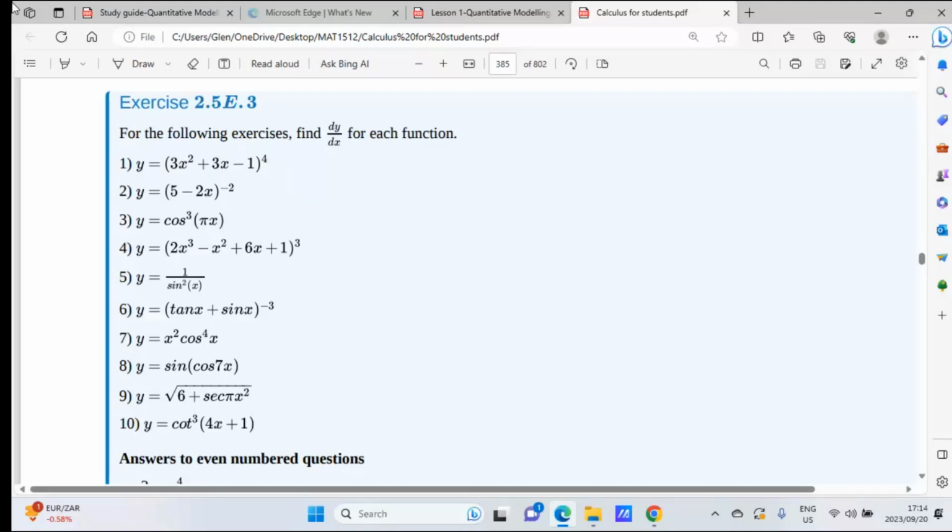This is 12, for number 9, right? Yes, number 9. Can you see that? Yes, sir.